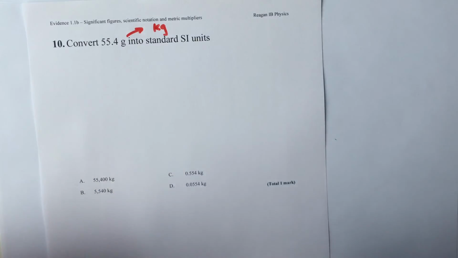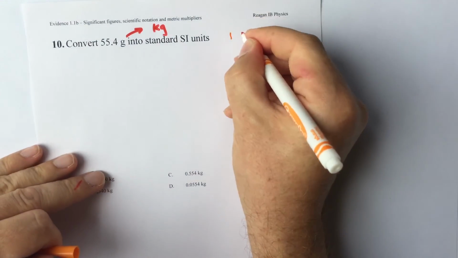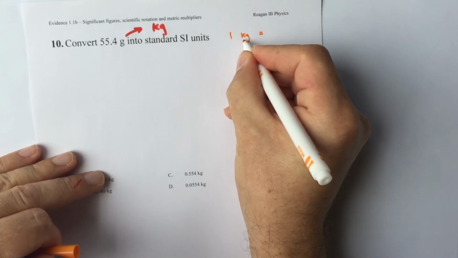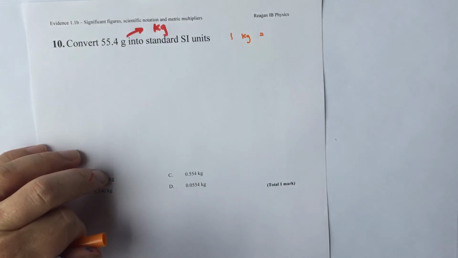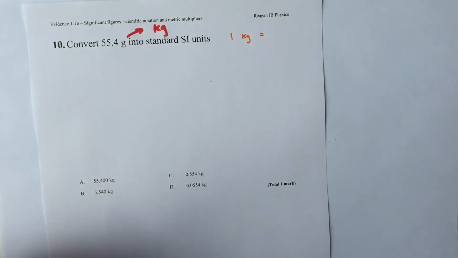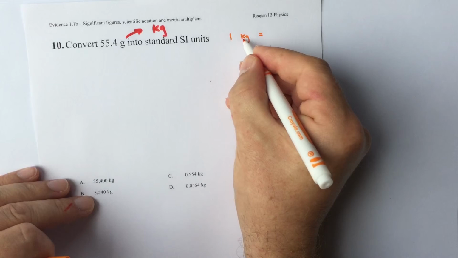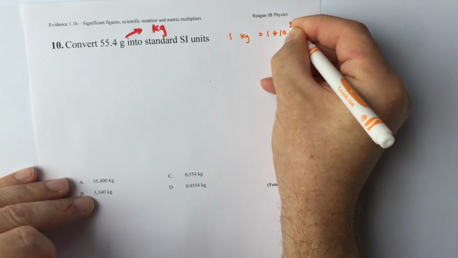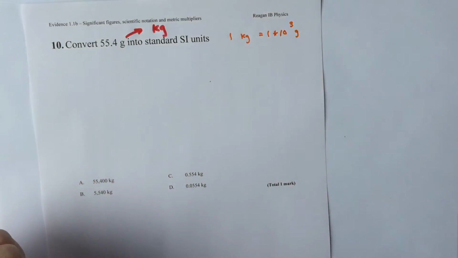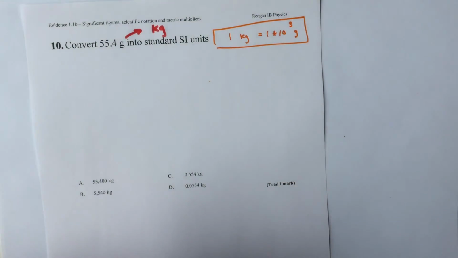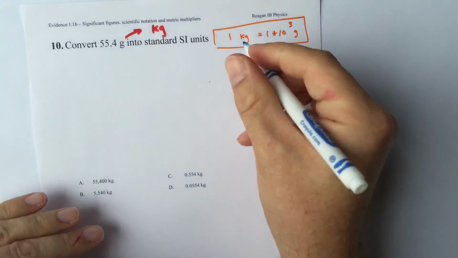And so let's write out, what does a kilogram mean? 1 kilogram is equal to, well, what does kilo mean? Look it up in the table. It says kilo is equal to times 10 to the third. So I could replace kilo with times 10 to the third. All right, so 1 times 10 to the third grams. And we're going to use this equality to make a fraction in order to convert.